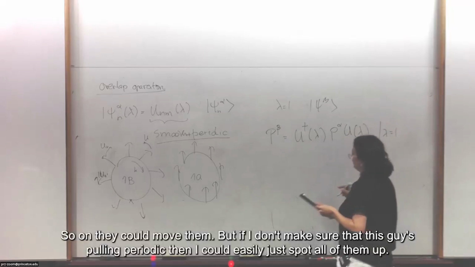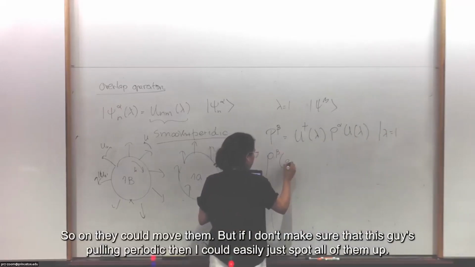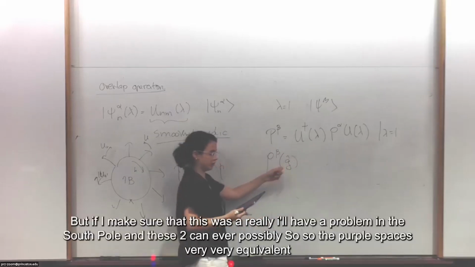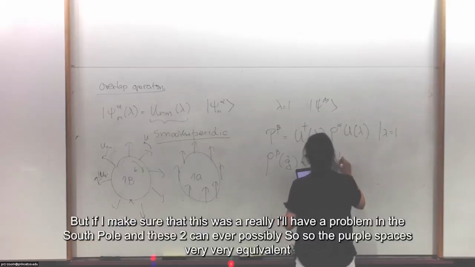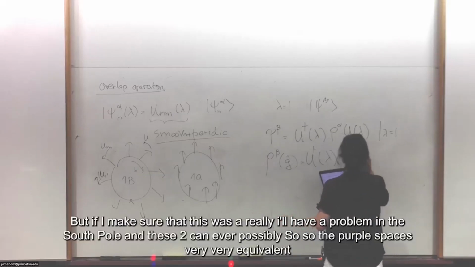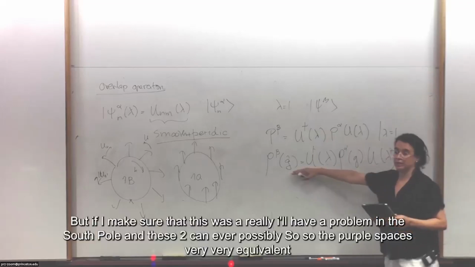This is satisfied. And if this is satisfied, it also means that all of the representations of all of the symmetries would also be unitarily equivalent. And of course, these are really big matrices.